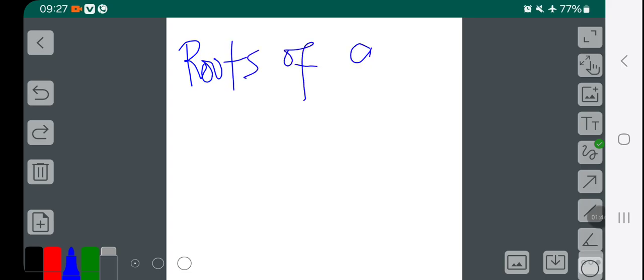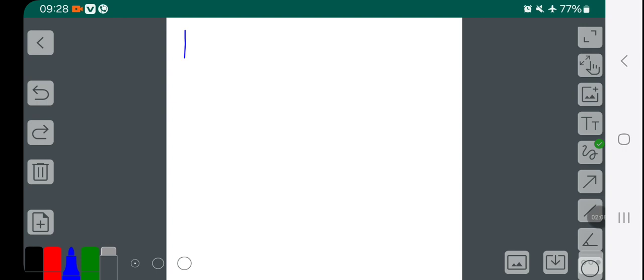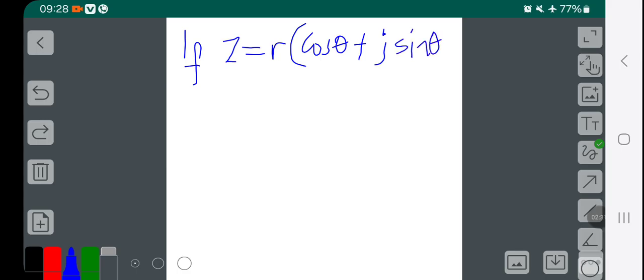Roots of a complex number. What is very important that you must know is that when you're looking for a root of a complex number, let's say you're given z equals r cos theta plus j sine theta.